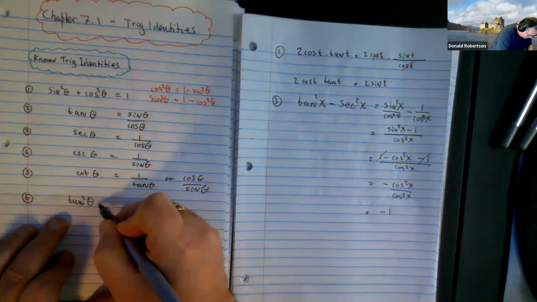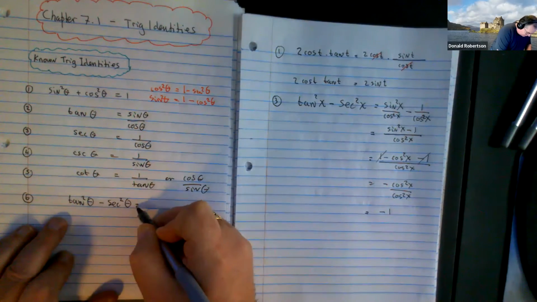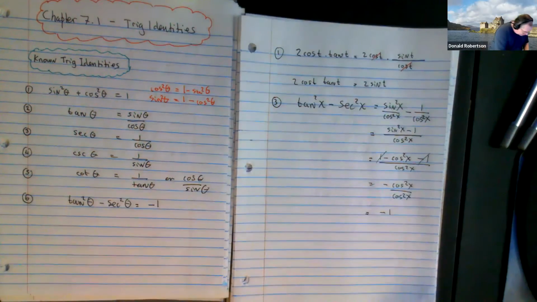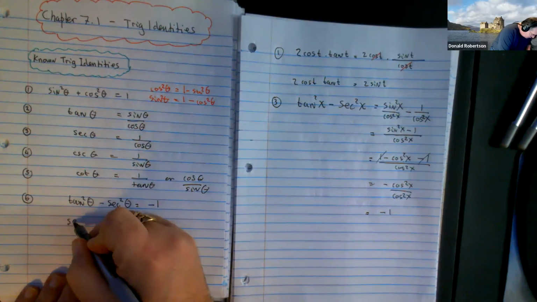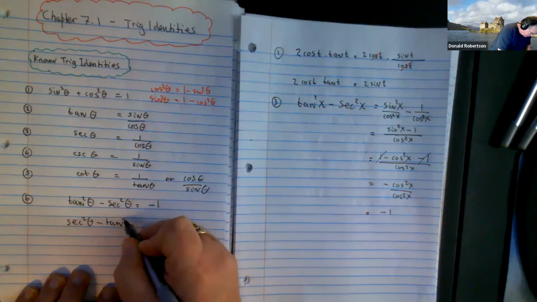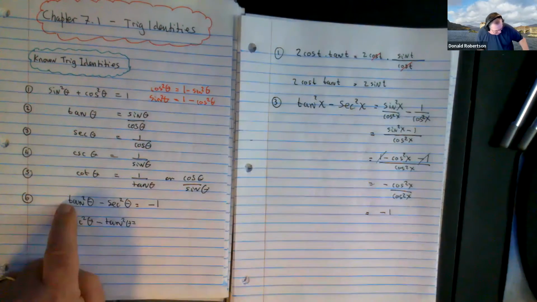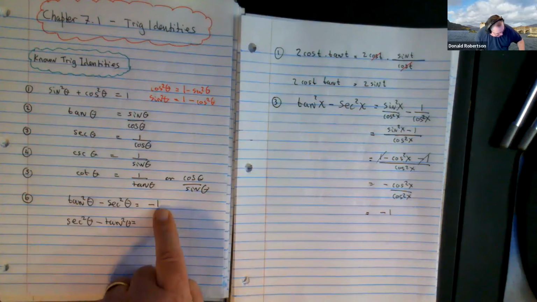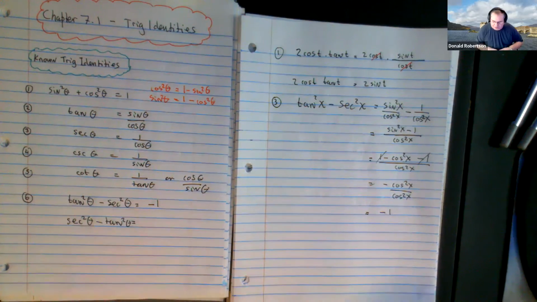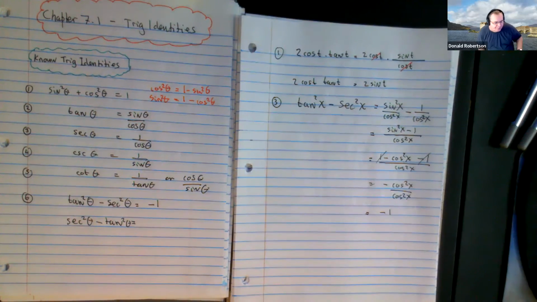Tan squared theta take away secant squared theta is minus 1. Secant squared theta take away tan squared theta. If this way around gets you minus 1, what do you think happens if you switch places? What number does it add up to now?